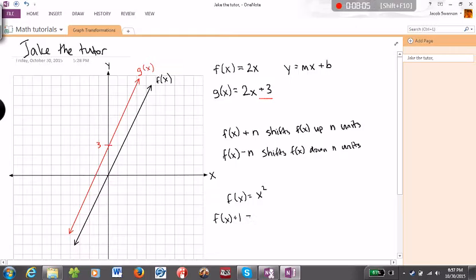So that's going to equal x squared plus 1.